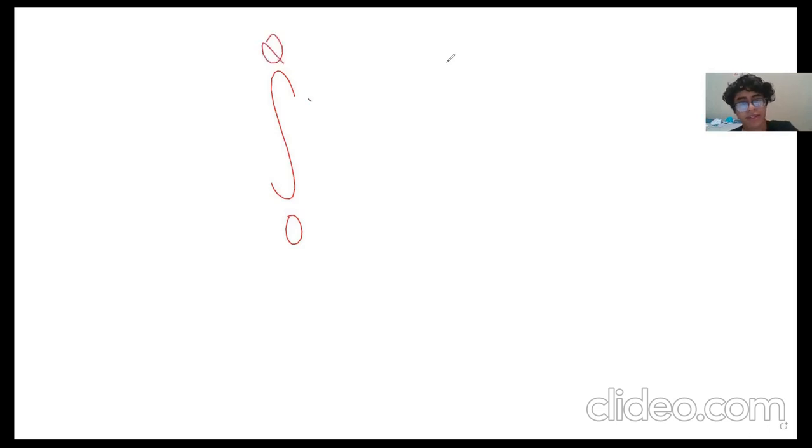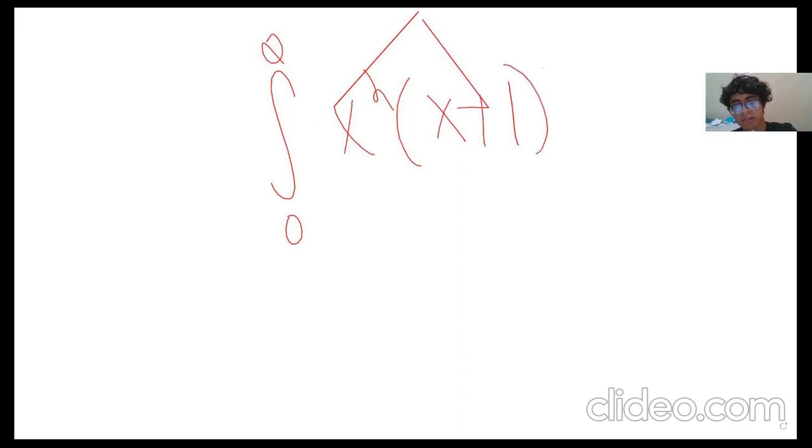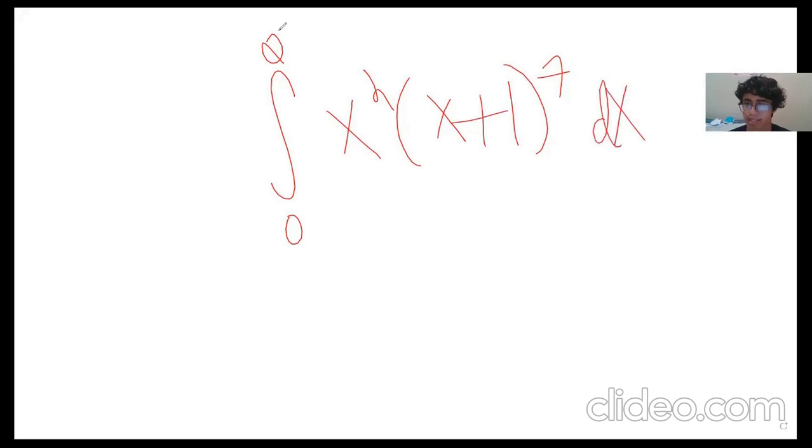So like if I see this, what if I saw some really gross thing like this? What if I saw something like this and I don't want to distribute like this and then do power rule, because that would be very messy, right?